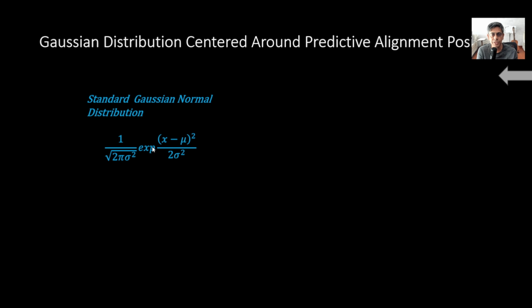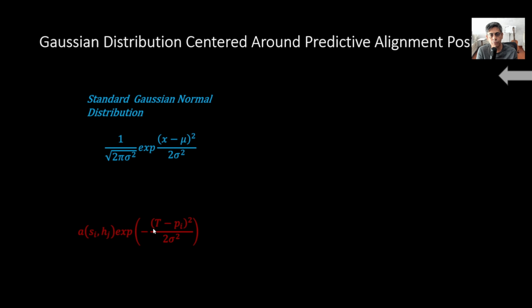This is the term which determines the shape of the curve: at the mu position it will be the maximum probability, and as you move away from mu, it will rapidly fall. The term 1 by square root of 2 pi sigma square is nothing but a normalization term, which makes it a standard Gaussian normal distribution.